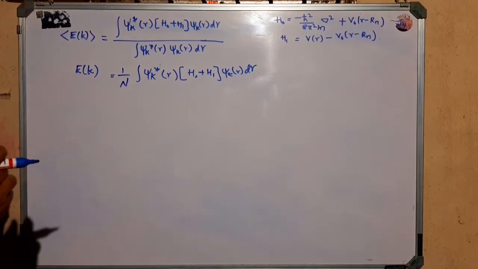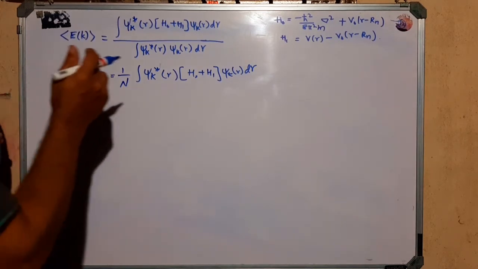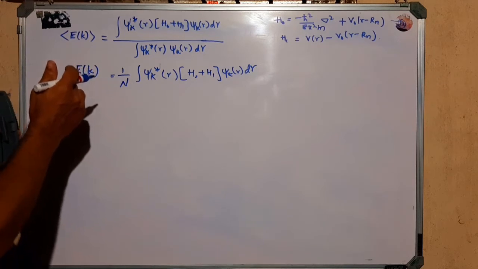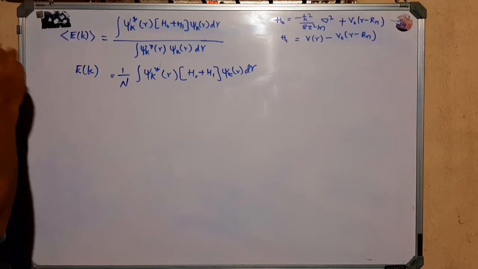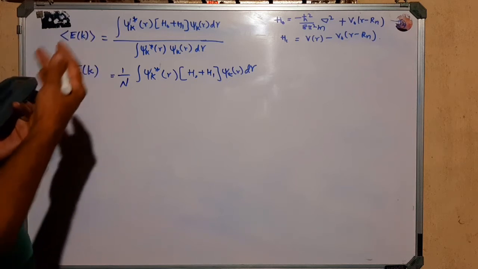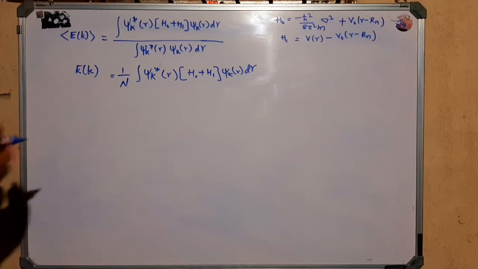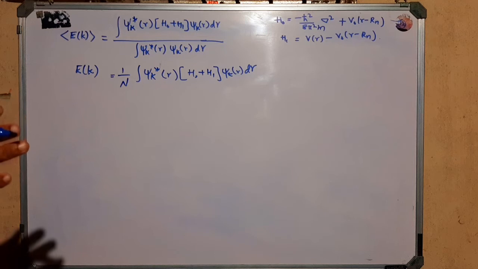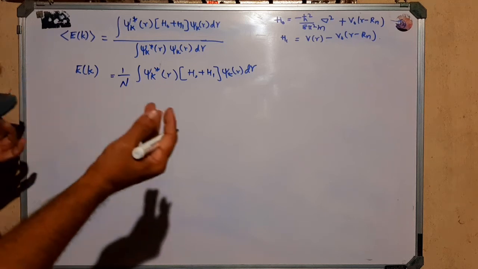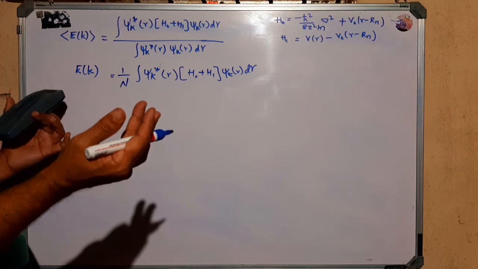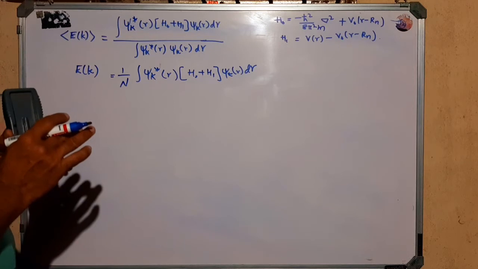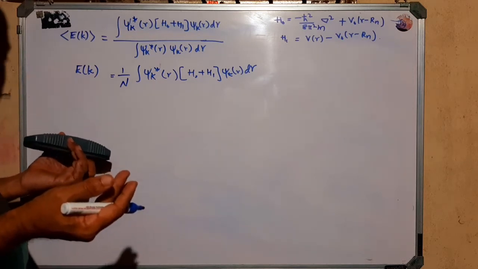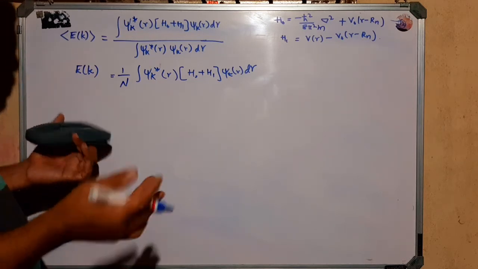The energy of the electron in the crystal is obtained by evaluating the expectation value, because we have to consider the average energy of the electrons, as there are n number of electrons. Therefore we have to consider the energies of different electrons and get the average value. So in quantum mechanics, to get the average value, we are doing the expectation value.